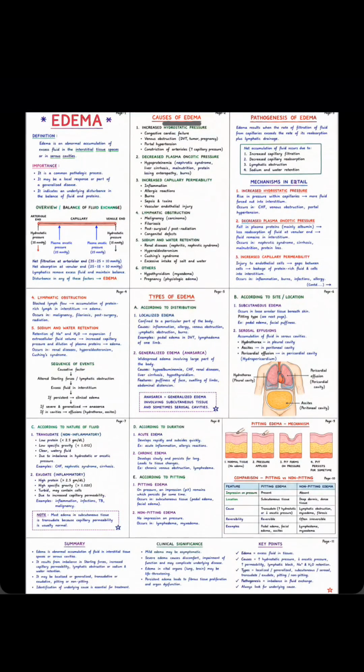First you will write the definition, then the Starling forces diagram, then its 5 causes, then classification, then comparison tables, that is transudate versus exudate, pitting versus non-pitting, and then comes clinical significance. So write your answer with this list. Follow this sequence: definition, Starling forces diagram, 5 causes, classification, comparison tables and clinical significance. So you are guaranteed to get full marks in this question.